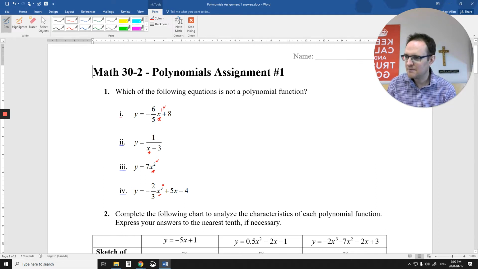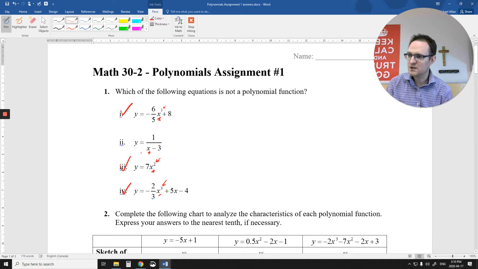You can see that 1, 3, and 4 all have exponents of 1, 2, and 3 respectively, and they're in the numerator, so that's the key. They all have positive exponents, so they look very promising. So I'm going to say that 1, 3, and 4 are polynomials.